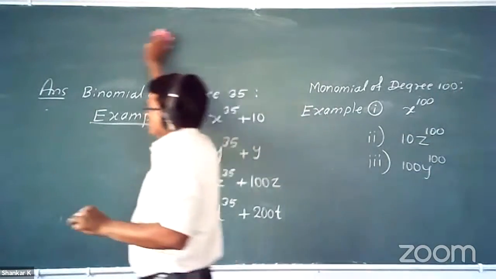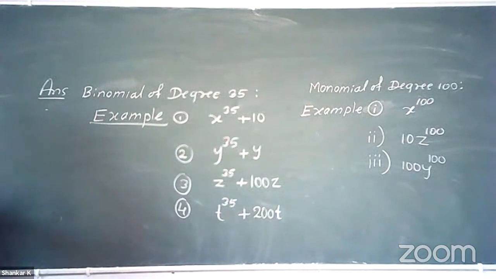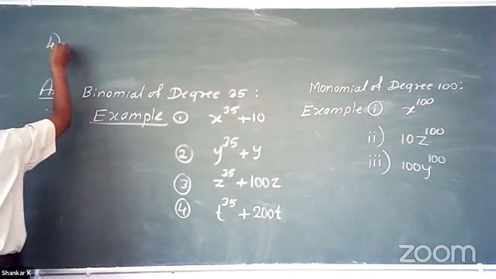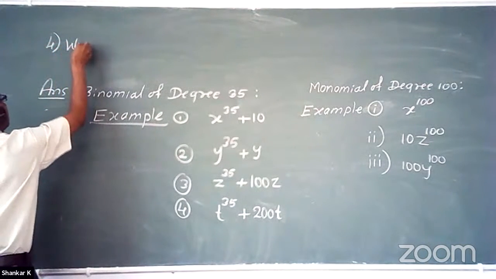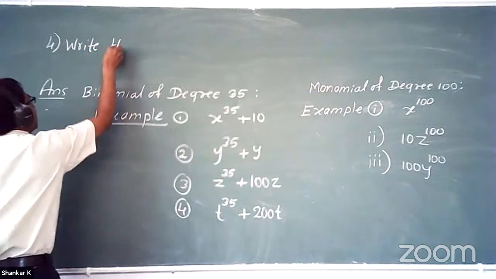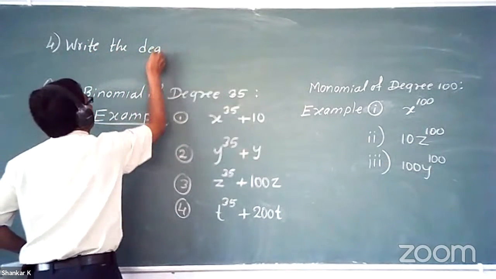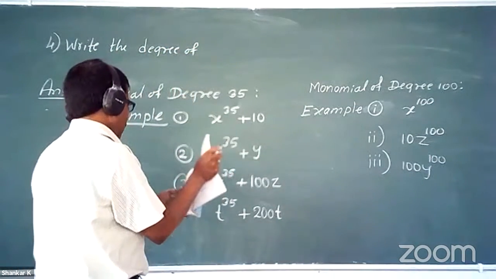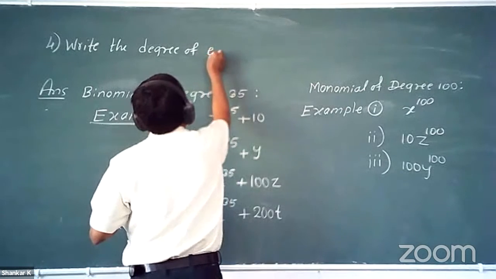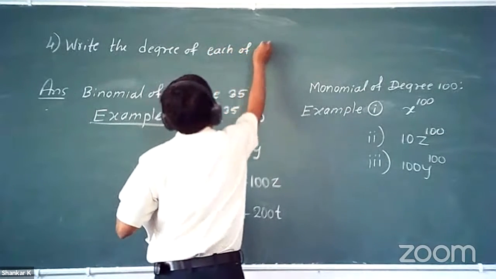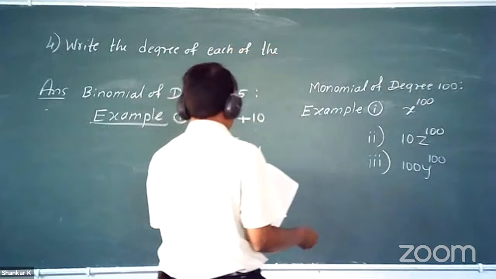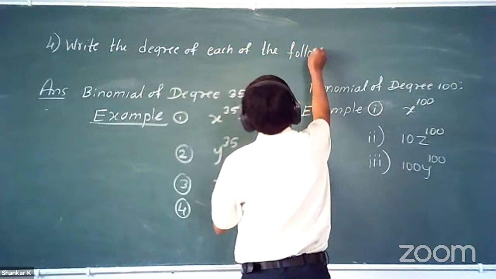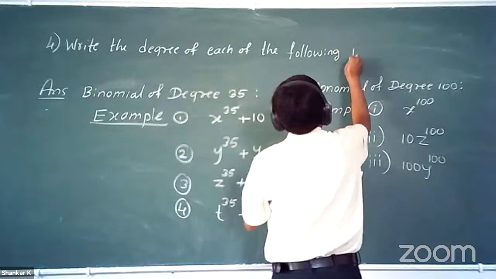Question number 4 is: write the degree of each of the following polynomials.